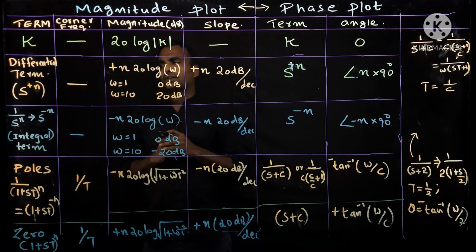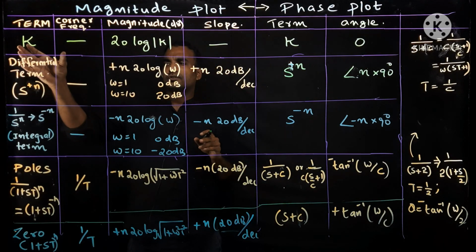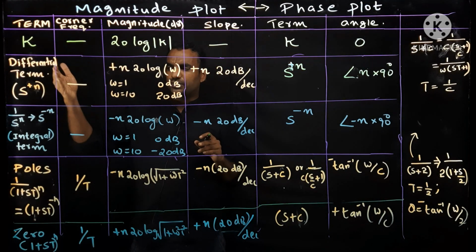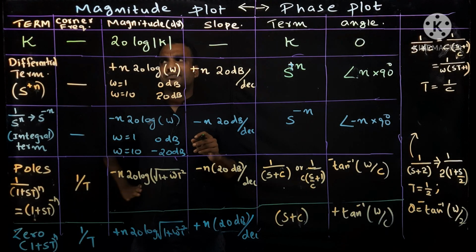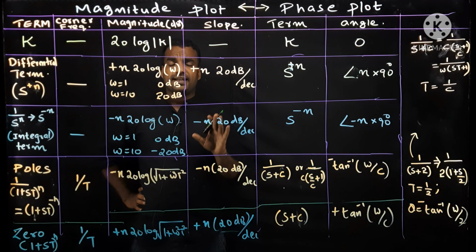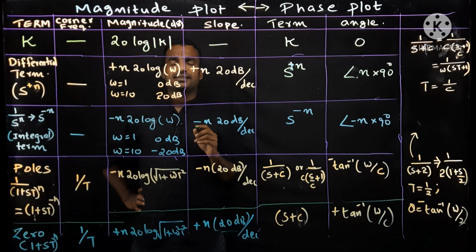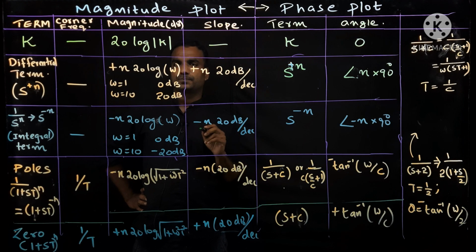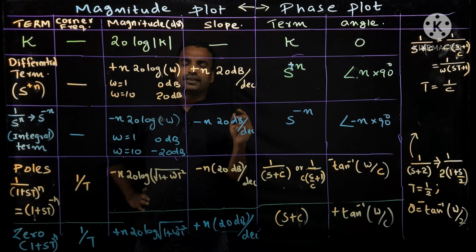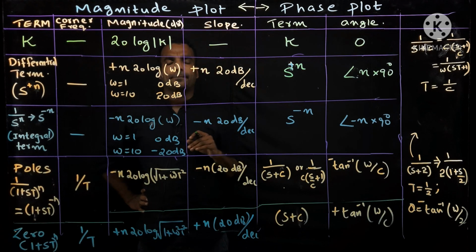Now, let me ask you one thing. What is the significance of... okay, we will go through this term by term. Initially, this is k. First term is k. Where is k appearing? If in a question it is like 75 into s by s plus 2, in that, 75 is k.